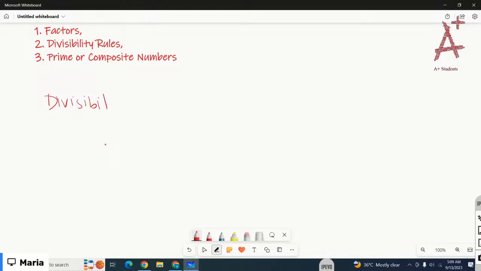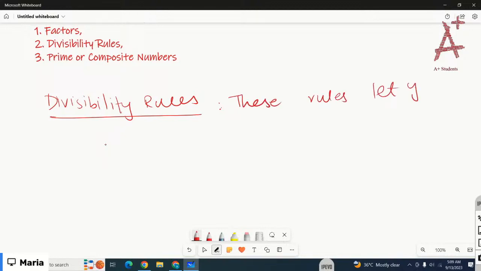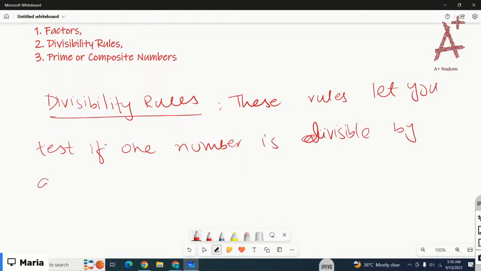Divisibility rules, right? A very easy definition is: these rules let you test if one number is divisible by another without having to do too many calculations, right?